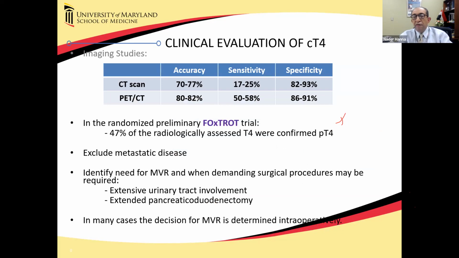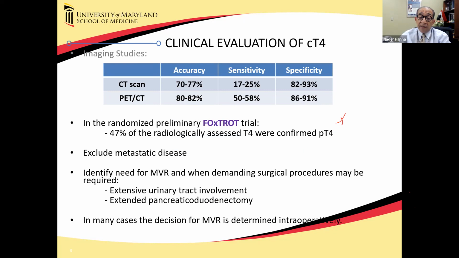So what's the clinical evaluation? If you look at whether you're doing a CT scan or a PET CT scan, the accuracy is not very high. Sensitivity is also low, but they are quite specific when you have a patient with clinical T4.